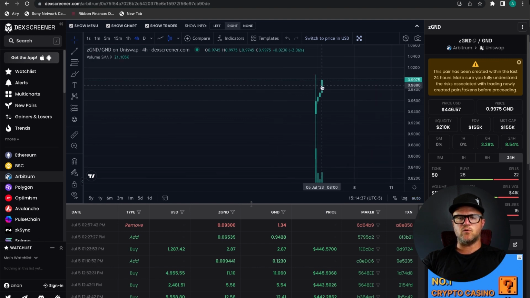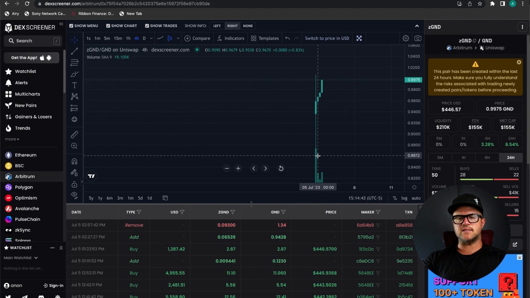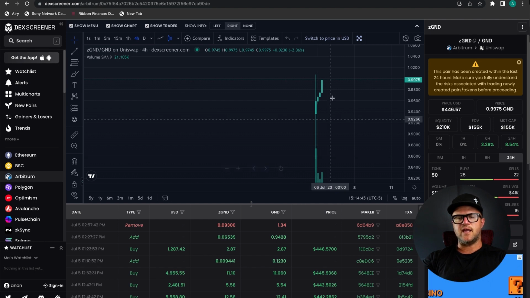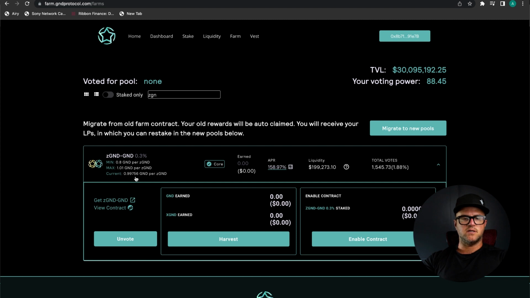I do think we'll probably see a fluctuation in that area, maybe down. I mean, we started at lower at 0.085, and now we're up to almost 1-to-1. Just under 1-to-1. Current price value of GND per zGND is close to parity, or peg, if you will.